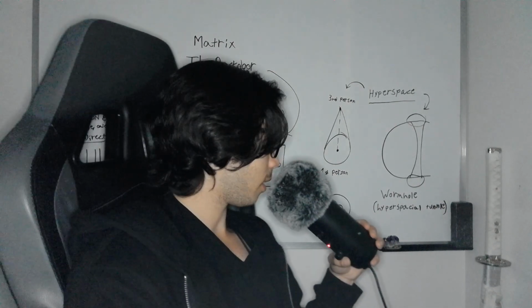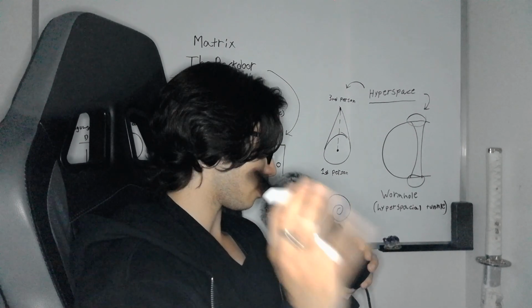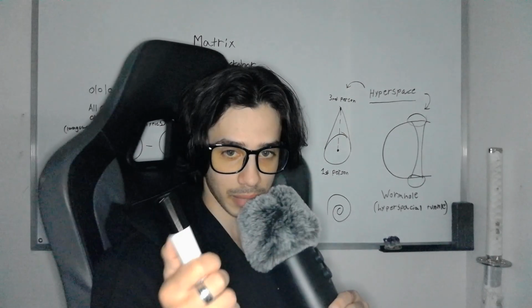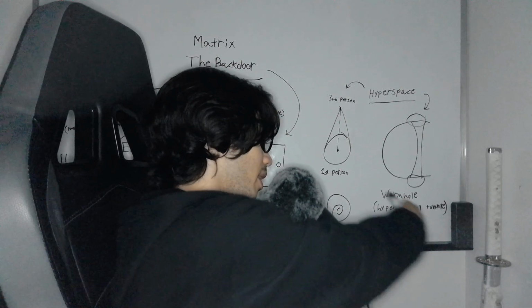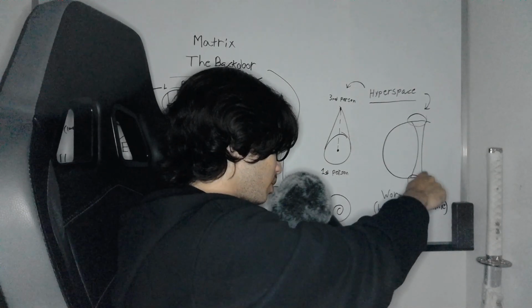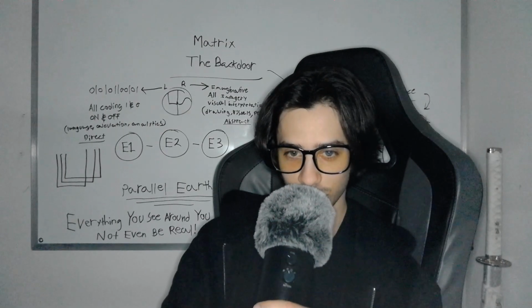Depending on what kind of wormhole you have configured here, it could lead you to a parallel reality, such as a parallel Earth, another place in space, another place in time, and all of these can overlap with each other. So you're really tapping into a different aspect of existence altogether. And this is what a wormhole is. It's a hyperspatial tunnel through space-time reality. So this is the gist of how you exit the Matrix through what is known as a backdoor.